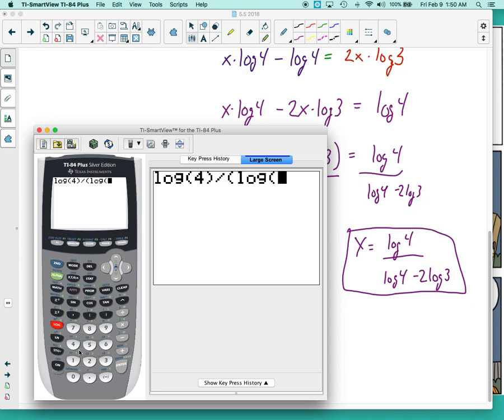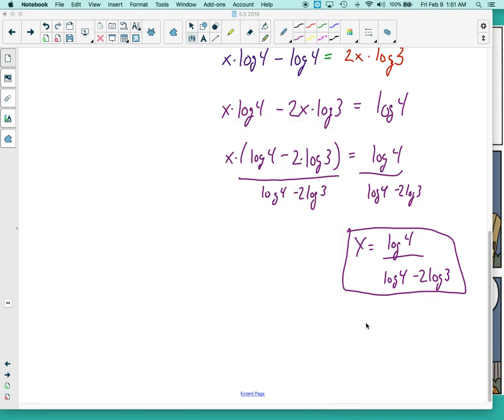So log of 4, close those parentheses, minus 2 log 3, close parentheses. I still have this first set of parentheses open, so I'm going to close that. So negative 1.709, but the 9 gets rounded up to a 10, so negative 1.71 is our approximate answer.